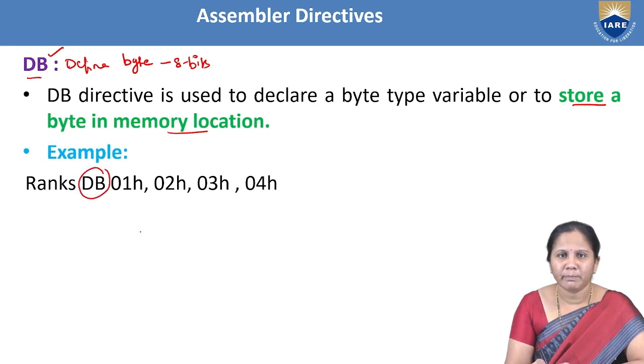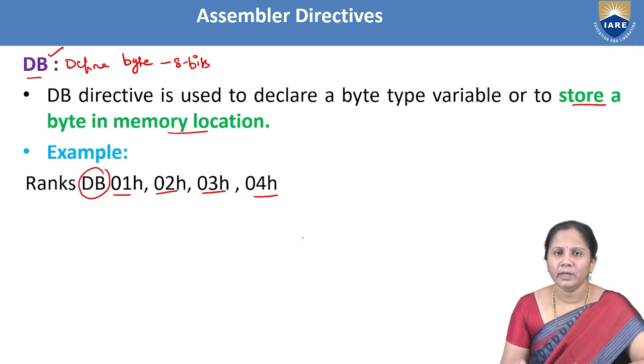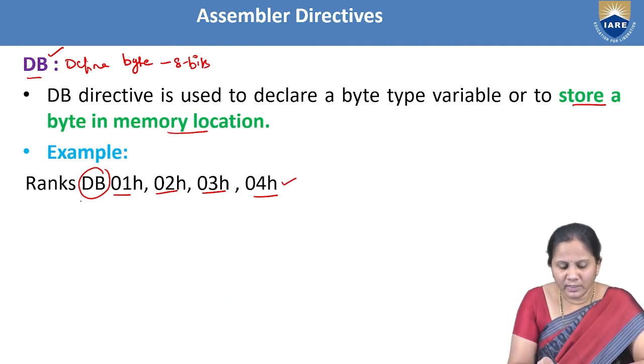this DB is an assembler directive, define byte. Here the variables are declared: 01, 02, 03 and 04H. So the assembler directive is going to reserve memory locations, and in them all the variables specified here will be stored.